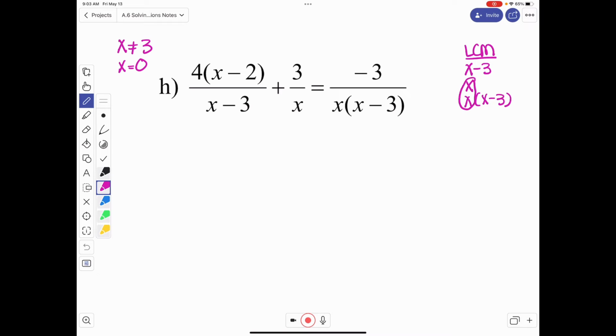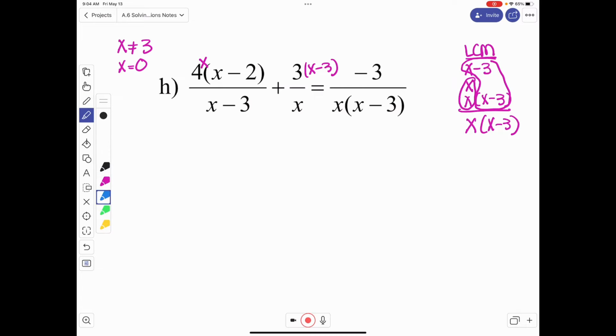So if I pair up what I have, x minus 3. Okay, so my first fraction, it's got an x minus 3 on the bottom. It's missing an x. I'm going to stick it there, like with my 4. My second fraction, 3 over x, it's missing the x minus 3. My last fraction, it has everything that the least common multiple has.